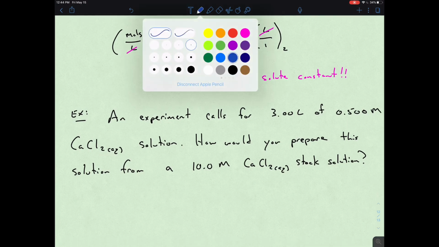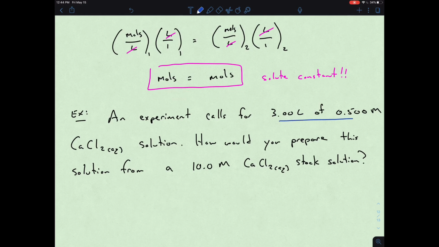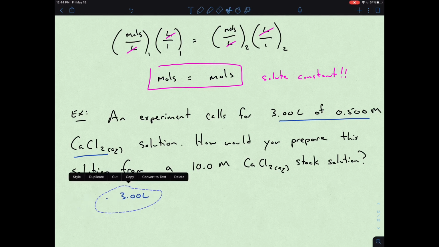So if I look at some of this information that I'm given, I have this volume, and I have a molarity, both of them with regards to calcium chloride.